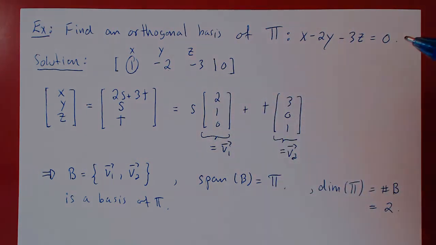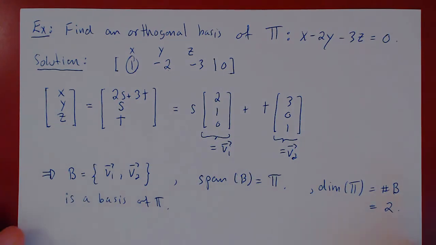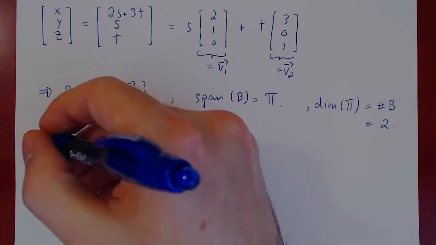These two vectors are not perpendicular, so we have here a basis that is not orthogonal. Well, this is the part where we use a Gram-Schmidt algorithm to build an orthogonal basis of the plane. So let's just use Gram-Schmidt.